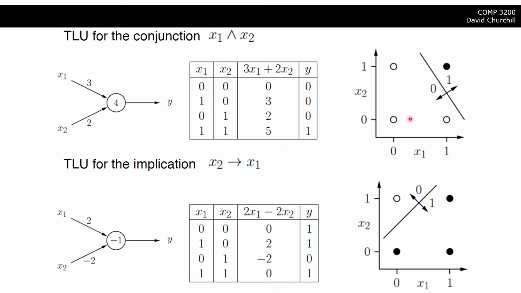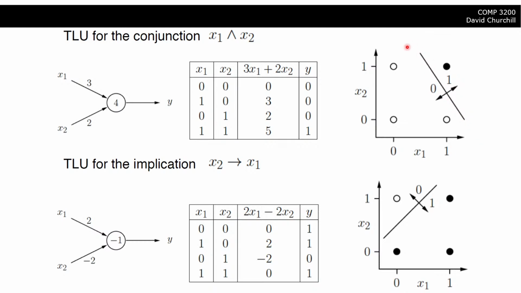Well, it turns out if we plot x1 as the horizontal axis and x2 as the vertical axis, then if you go back to your linear algebra course, 3x1 plus 2x2 defines a line in the plane, right? So look at that. This is the line 3x1 plus 2x2.